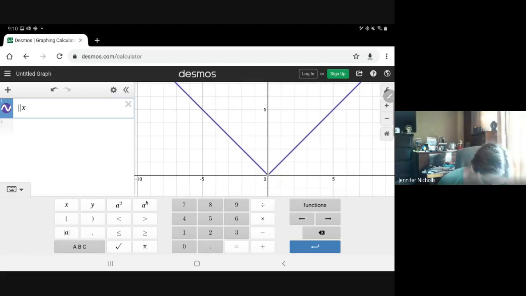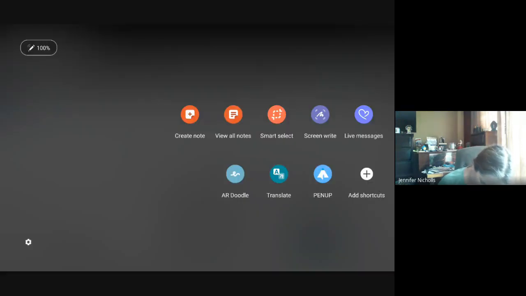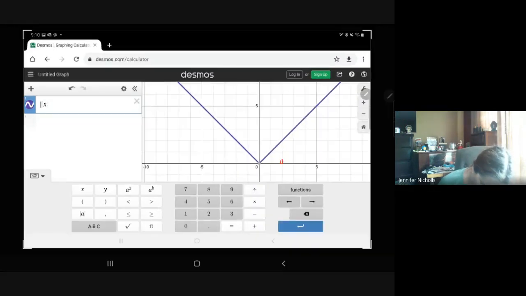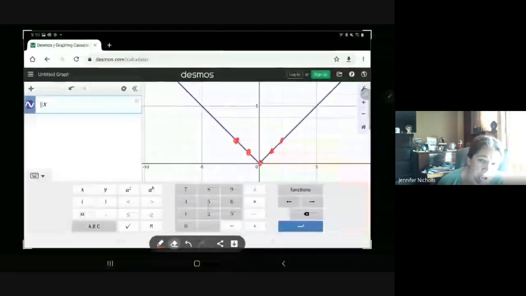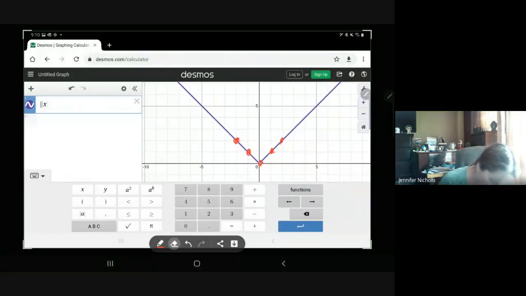So our basic equation has dots right here, here, here, here, and here, right? Those are our 5 dots from what you did last night. So if I put a 2 in the front, what happens is those y values only, not the x values, but the actual dots get taller.